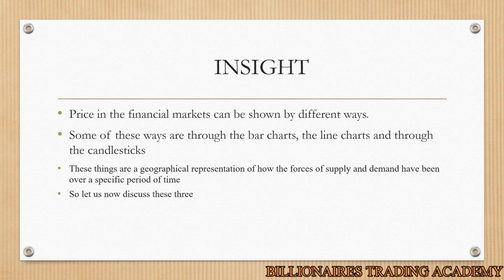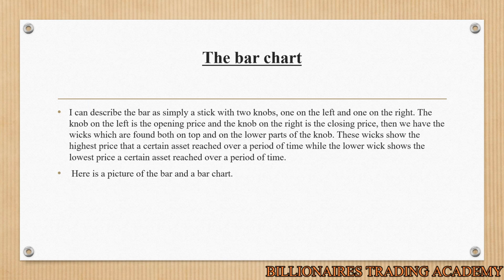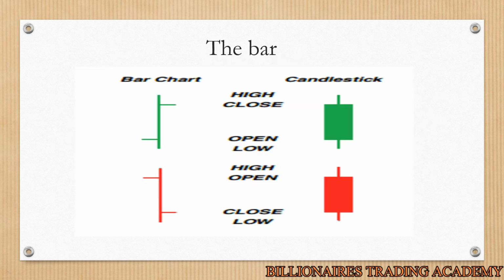Price in the financial market can be shown in different ways. Some of the ways are bar charts, line charts, and candlesticks. The one that is very popular is the candlestick, and that's the one we shall learn more about in detail, but we shall also understand the bar chart. So this is what the bar looks like. On my left, these are the bars.